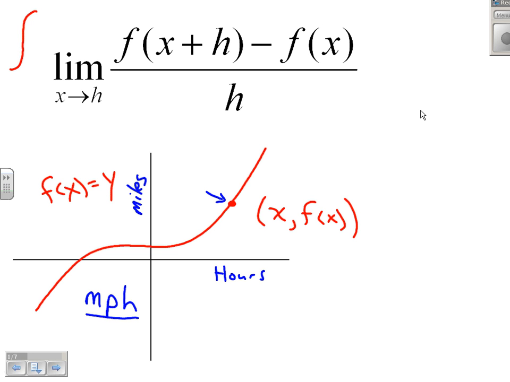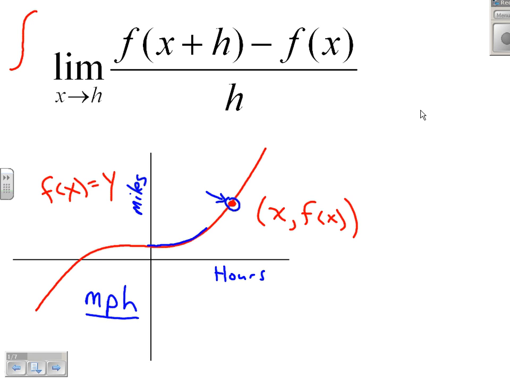Oh, so our slope actually has some meaning in the real world. The fact that we're flat here would indicate that we're traveling at 0 miles per hour. Now we're starting to speed up. And if I wanted to look at this graph and figure out how fast we are going right at that instant, I need to find the slope at that point.